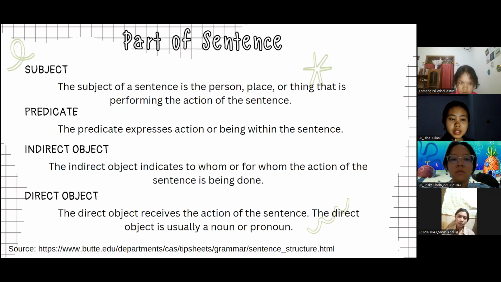And then the third branch is indirect object. The indirect object indicates to whom or for whom the action of the sentence is being done. And then the last branch is direct object. The direct object receives the action of the sentence, and also the direct object is usually a noun or pronoun. Next, please.